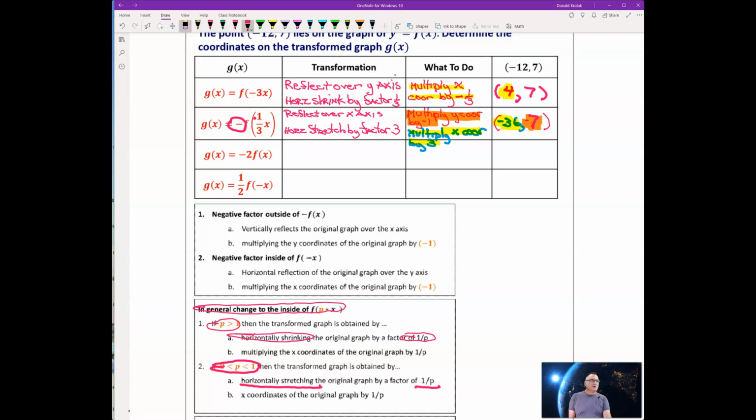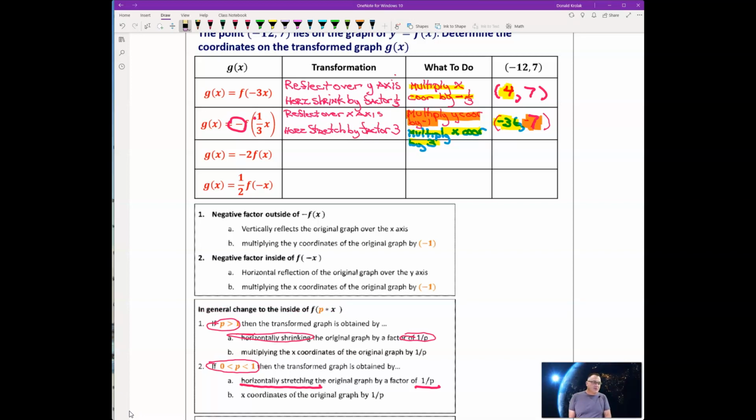So that's 1/3 times x is going to be a horizontal stretch, because p is between 0 and 1. It's inside the parentheses there. Okay, so that's right here.